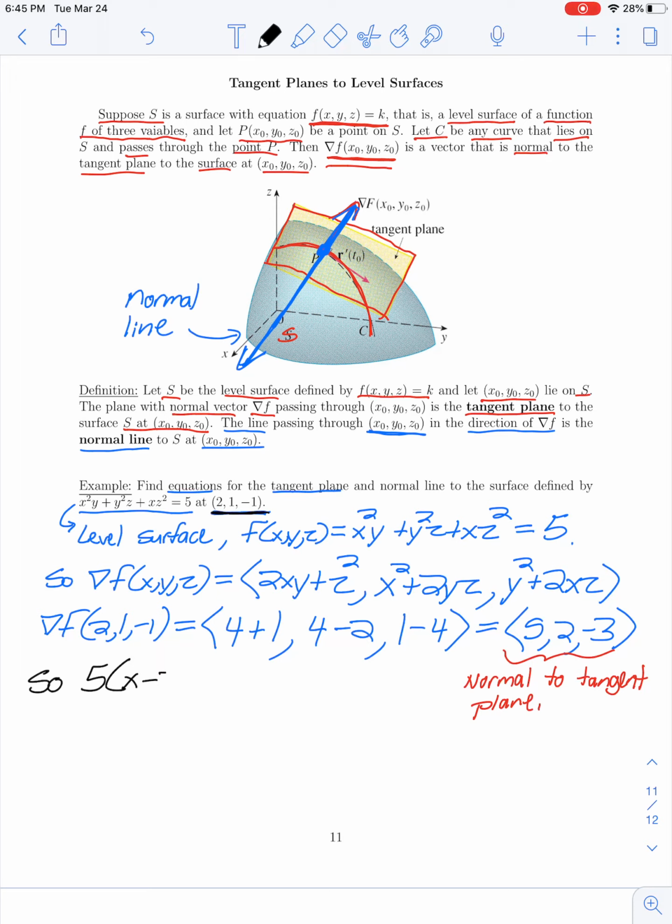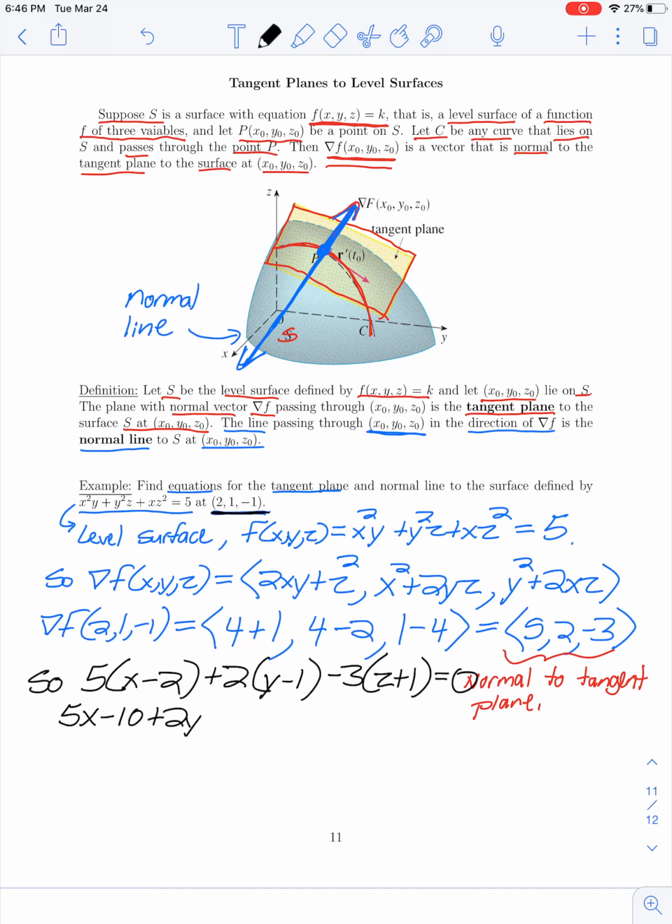We would take the first component of our normal vector, 5, times x minus the x coordinate for the point that our plane passes through, which was 2, plus the second component of our normal vector, 2, times y minus the y-coordinate for the point that we're passing through, and then plus the third component of our normal vector times z minus a -1, would give us z plus 1, and we're setting that equal to 0.